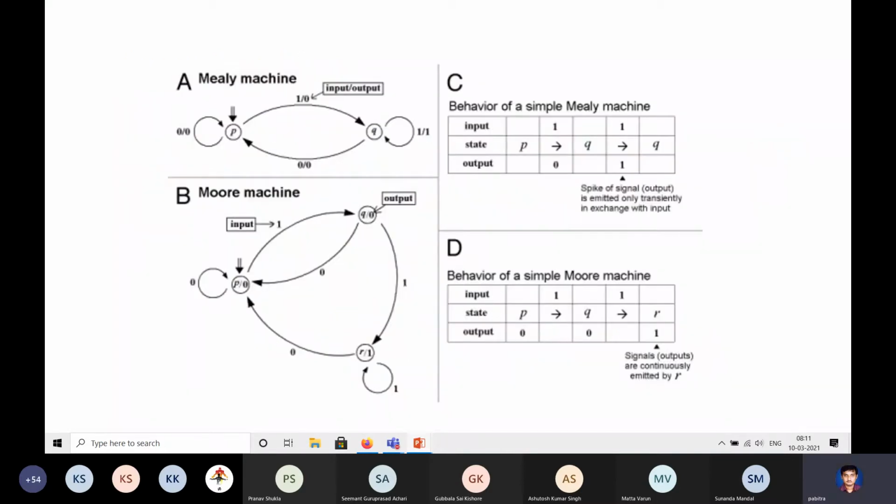Okay, so what does this mean? We have seen two representations of a Mealy machine as well as of the Moore machine. One is a state transition diagram consisting of vertices and directed edges, and another is the same thing represented in a tabular form, the state transition table.